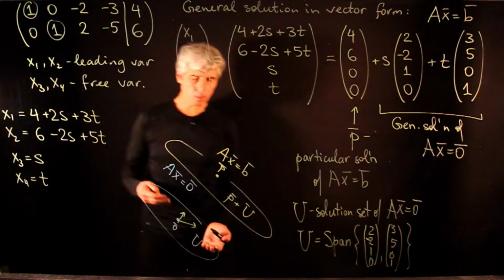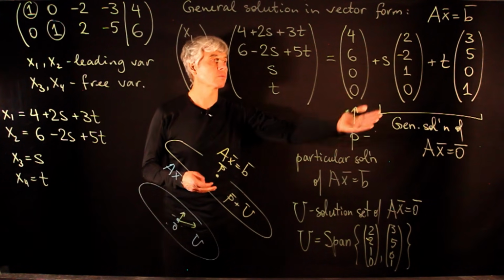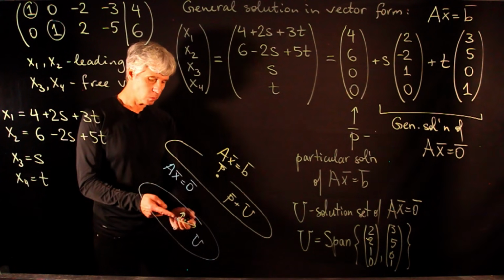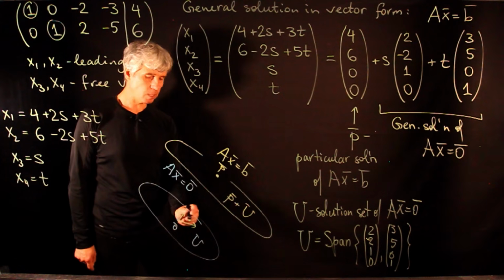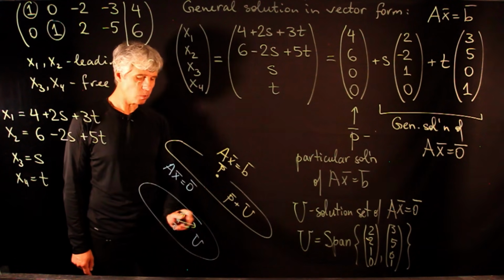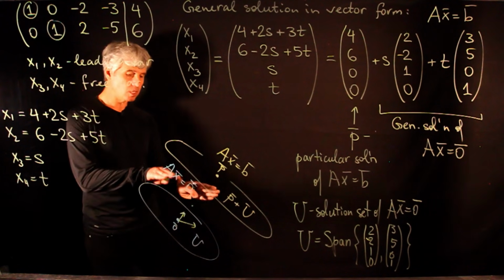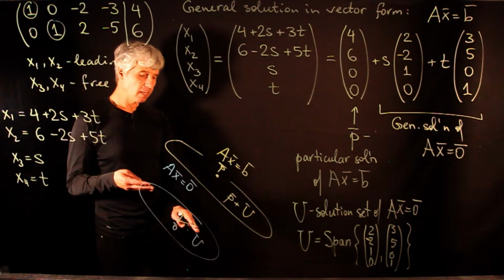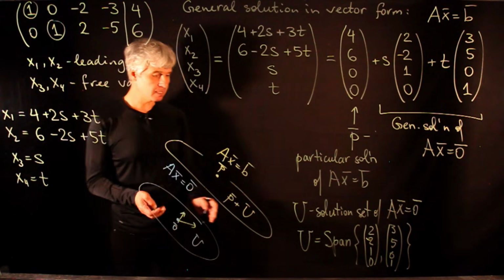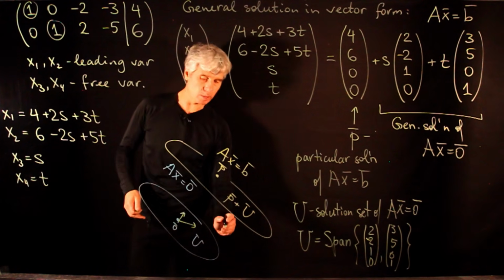And so here we get a geometric interpretation of these solution sets. For the homogeneous system, it's a span of two vectors. One vector is 2, -2, 1, 0, and the second vector is 3, 5, 0, 1. And these two vectors span a two-dimensional space, a plane inside our space here, R4, right?